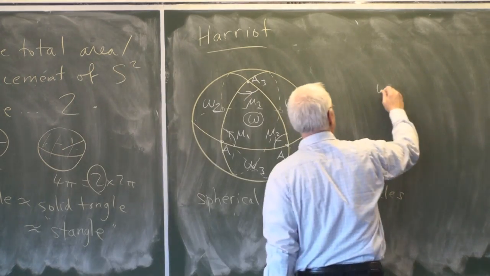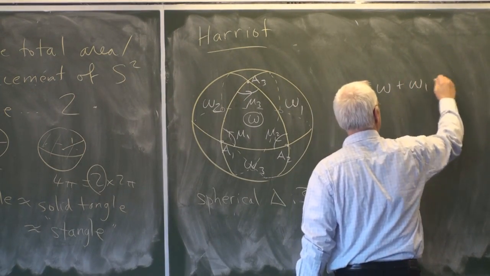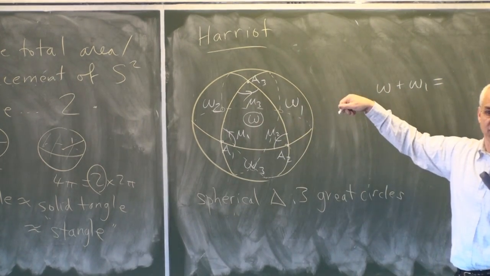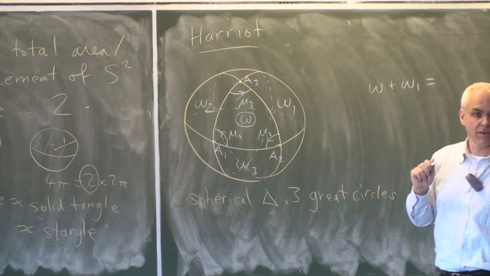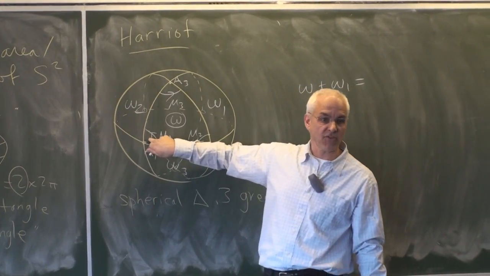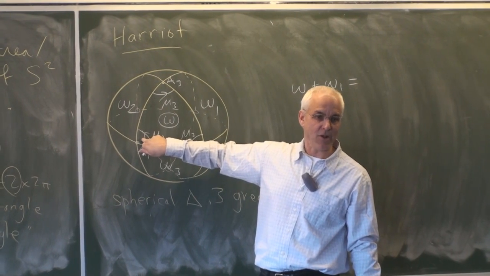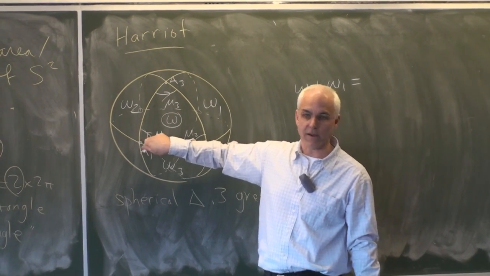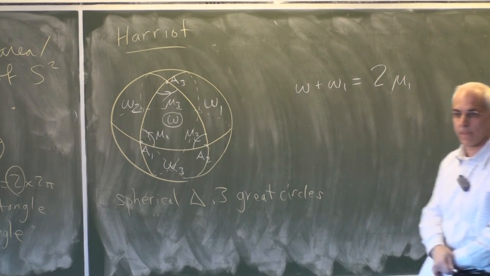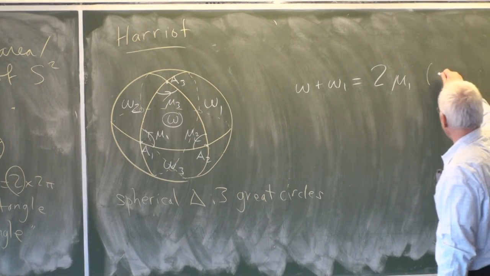So we know that omega plus omega 1 equals the area or the solid angle of that wedge, which we've agreed is going to be 2 times this tangle, 2 times mu1.